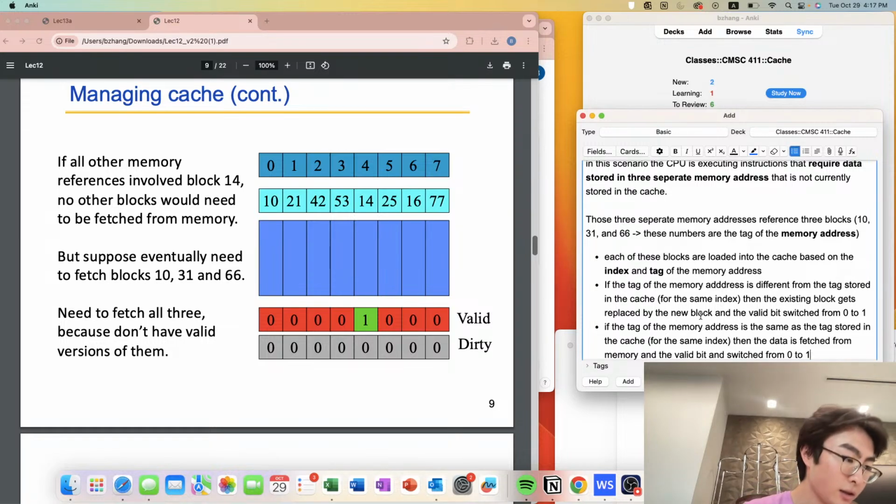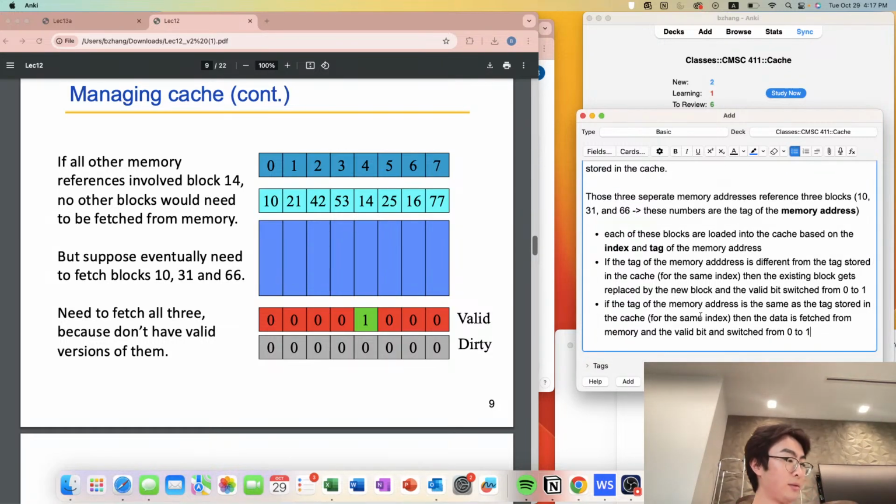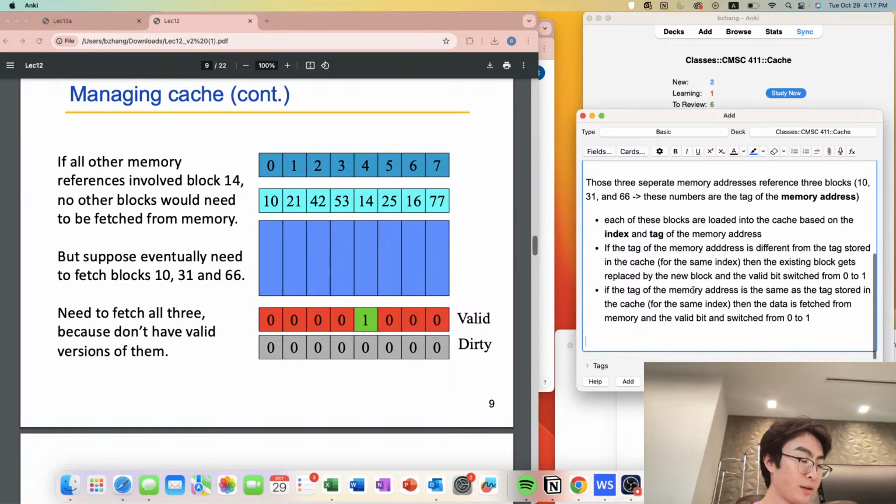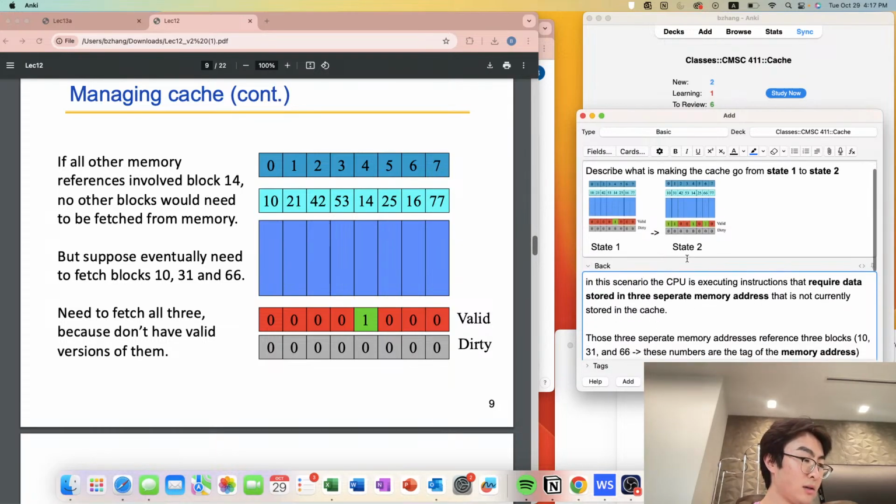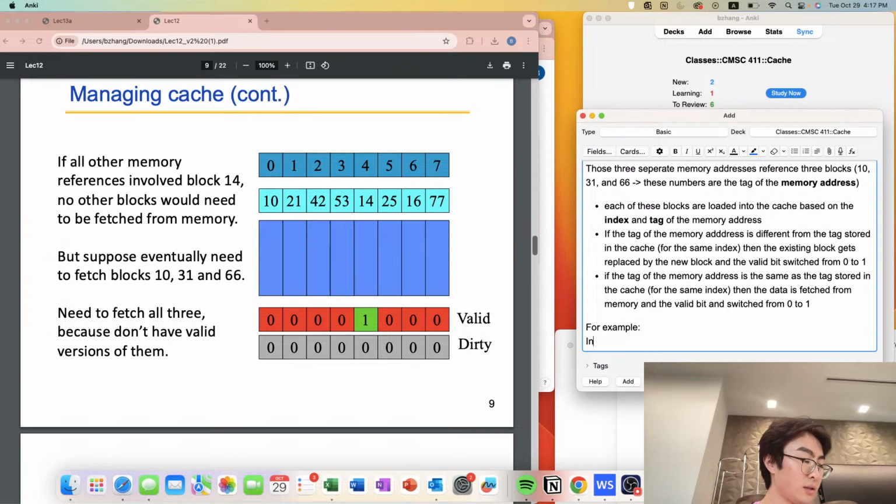Okay, I think that this is actually a pretty good example. Next.